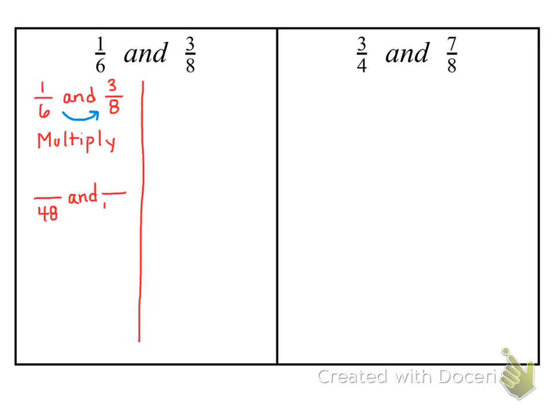Now we're going to use a skill that we've used already, and that is to write equivalent fractions. So I have to take 1/6 and change it so it's something over 48. So I have to multiply 1/6 by something to make it 48. So 6 times what is 48? And we know that's 8.